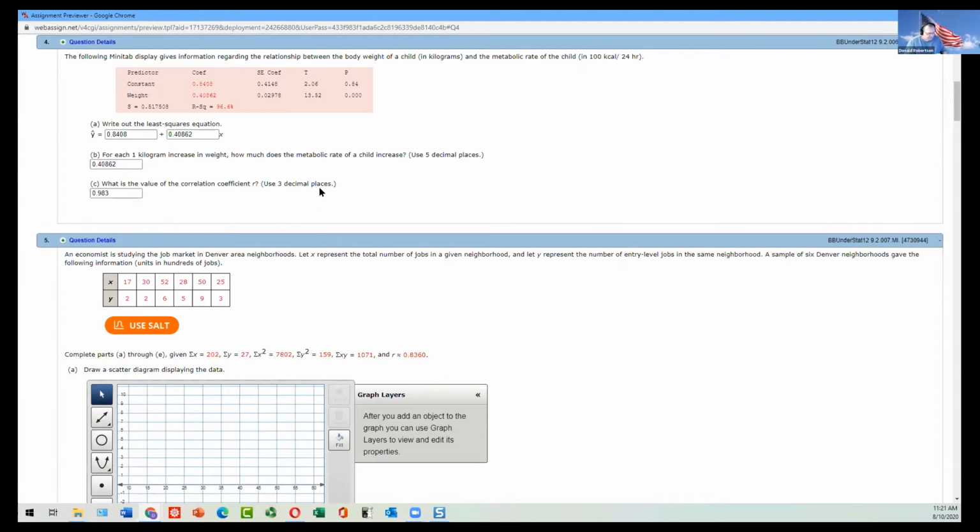Now, this could be a sneaky question. If the data is increasing, in other words, as the weight increases, the metabolic rate increases, then that is a positive number. But can you imagine a different story where it's going downhill rather than uphill?